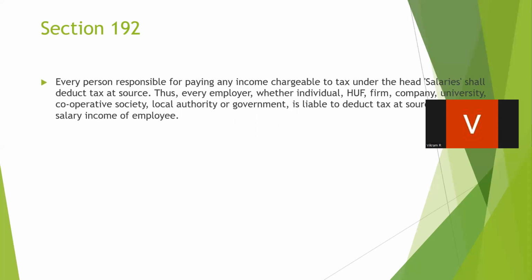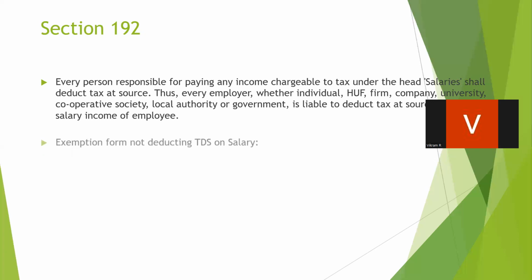That is, an employer paying you salary has to deduct a certain amount from your salary under section 192. It can be an individual, firm, company, HUF, university, corporate society, local authority or government that is liable to deduct tax at source from the salary income of an employee.